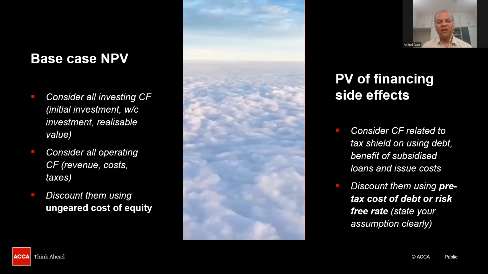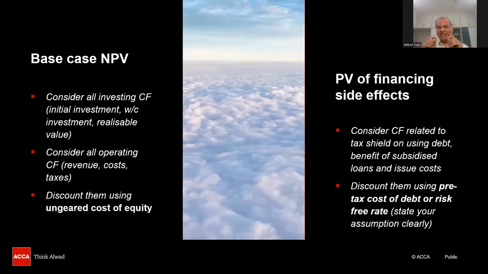Mainly these three cash flows occur so far as financing side effects is concerned. Sometimes you also could get a cash flow that is related to increase in the debt raising capacity of the firm. I'll talk about that a bit later. Take these financing cash flows and discount them.